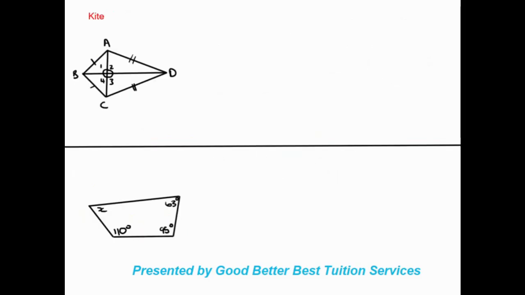Then moving on to our last one over here, we have the kite. So, interesting things about the kite here. It says two pairs of adjacent sides equal in length.